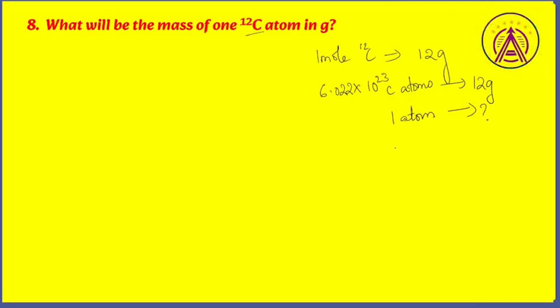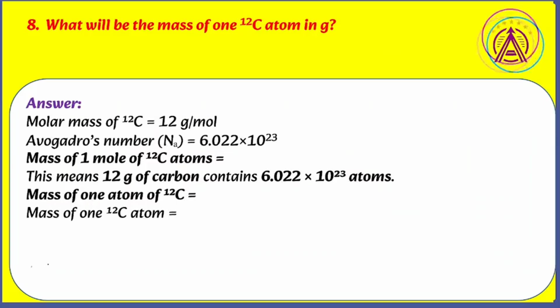So, one atom of carbon, they have asked in your question, what will be its weight in grams? All you have to do is divide 12 by 6.022 into 10 to the power 23 and get your answer. So if you see, molar mass of carbon 12 is 12 grams per mole. Avogadro number is nothing but 6.022 into 10 to the power 23. We know that mass of 1 mole of carbon 12 is 12 grams, and 1 mole has Avogadro number of particles.